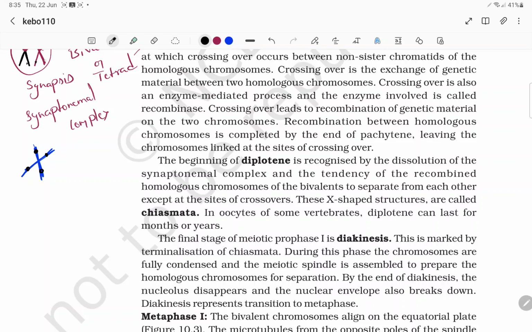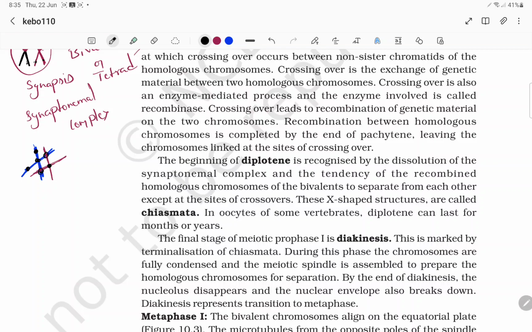The relationship between this and this is sister chromatids. And this is the point of crossing over, meaning overlapping of one chromatid on the other.